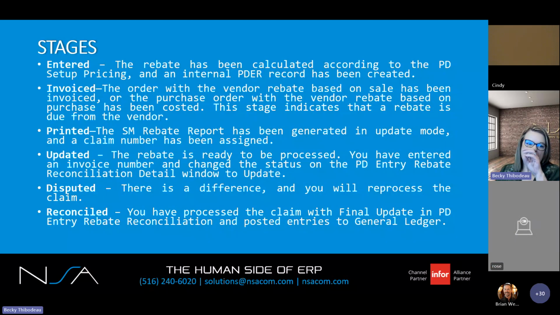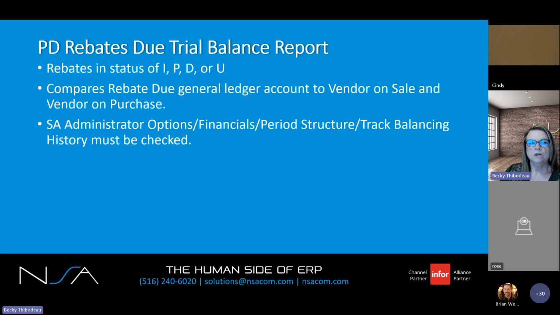So the last report I want to talk to you about is your price discounting trial balance. Your PD trial balance looks at rebates that are only in the status of I, P, D, or U, which is invoice, printed, disputed, or updated. What that does is, when you do the final update, it relieves your rebates due account.